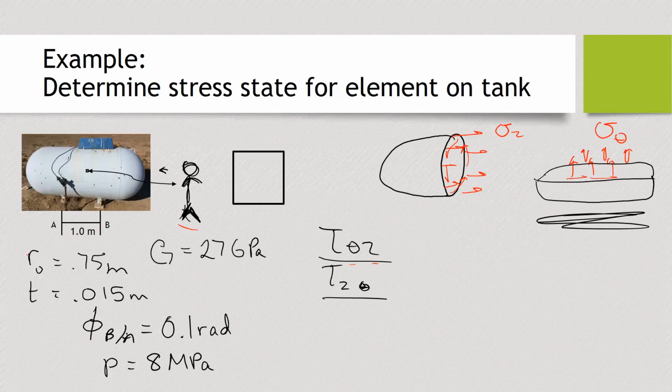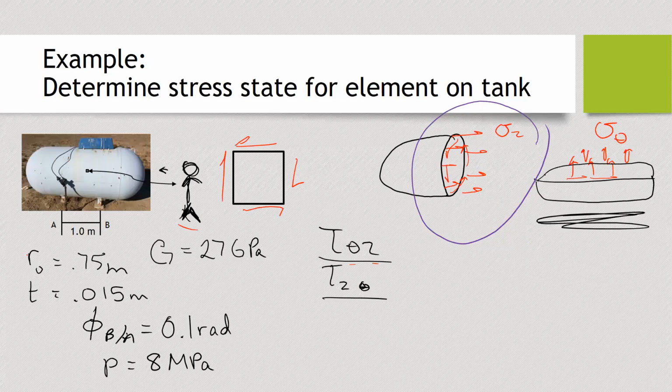But this image is a little bit easier, at least for me, to visualize because I know that the torque is going around the circumference, and so it's easy to visualize those shear stresses running around the circumference. But technically speaking, you also would have them on this other cut because when you look at your little cube, you're going to have the shear stresses acting like that on all four sides, right?